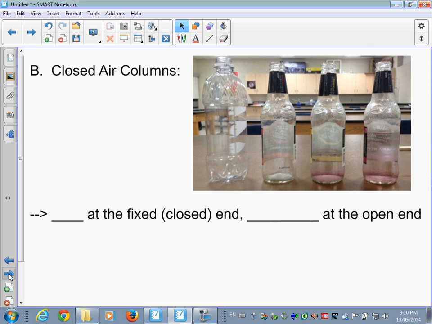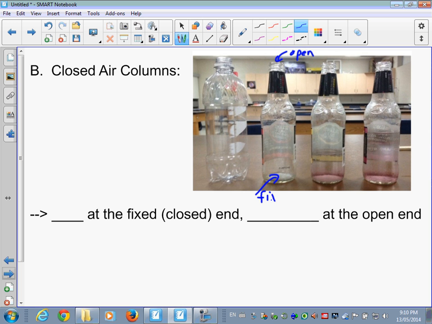What's happening here is that at the very top we have an open end. And at the bottom, the sound can't vibrate because it's basically hitting the wall. The glass isn't going to vibrate, so the air right next to it is going to have a hard time vibrating as well.